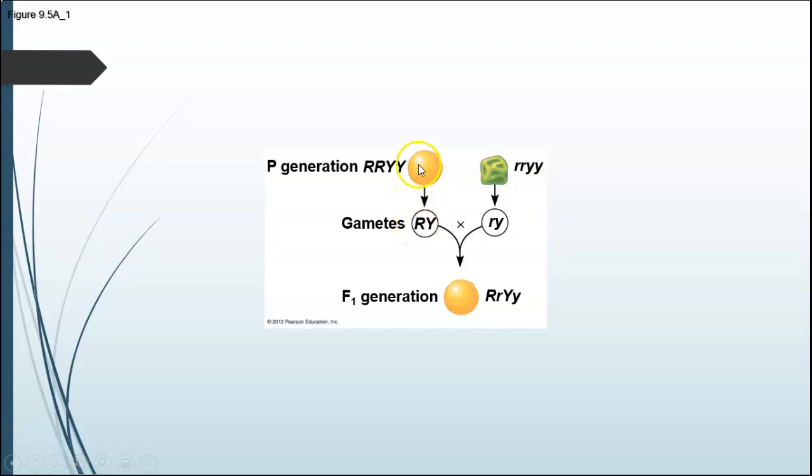So the R for the shape, the Y for the color. Same thing in the recessive. And so the F1 generation is going to inherit an R for the shape and a Y for the color from each parent. And so in the case of these peas, we ended up with all round yellow peas. They're round and yellow because those are the dominant traits.